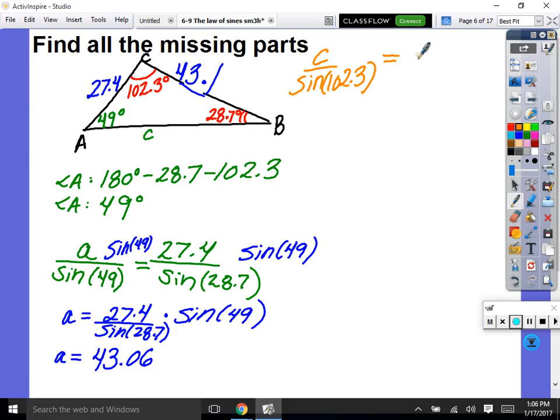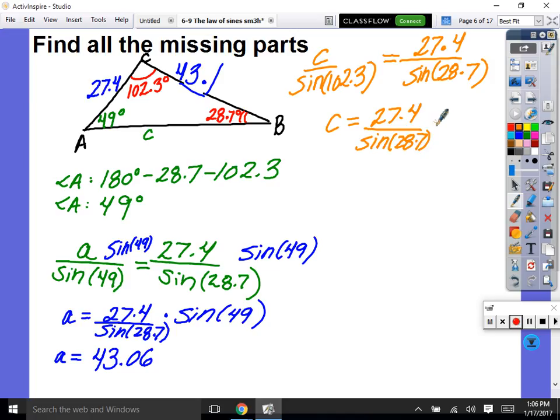Equals 27.4 over sine of 28.7, right? Now to solve for C, we would multiply both sides by sine of 102.3. Okay, you got side C was what? 55.7. Did we all get that?